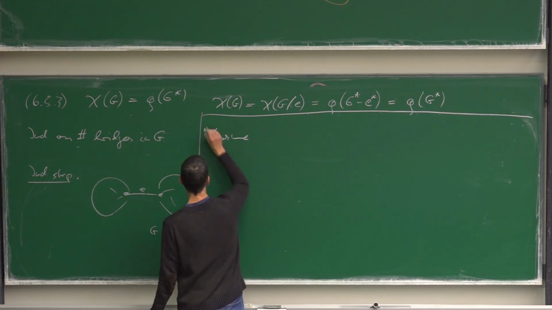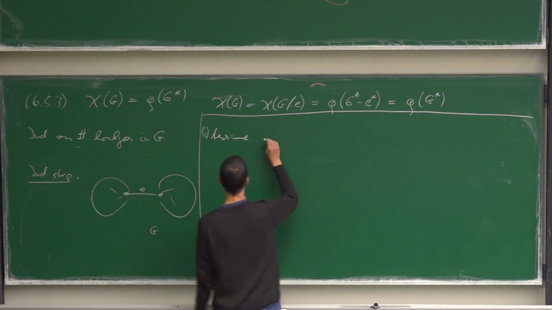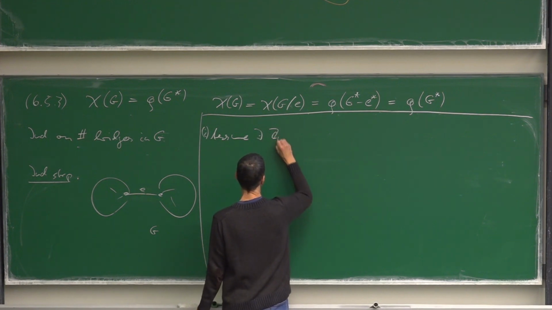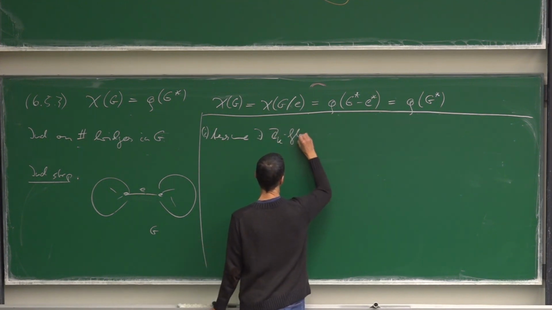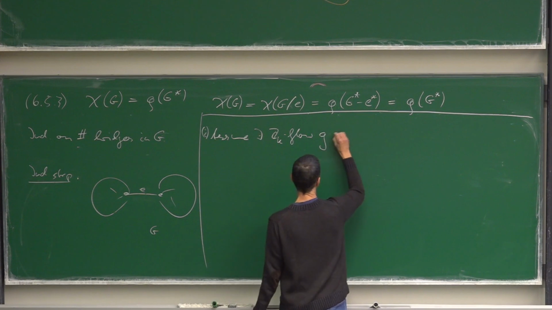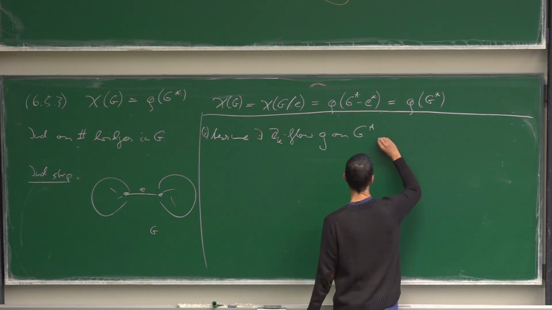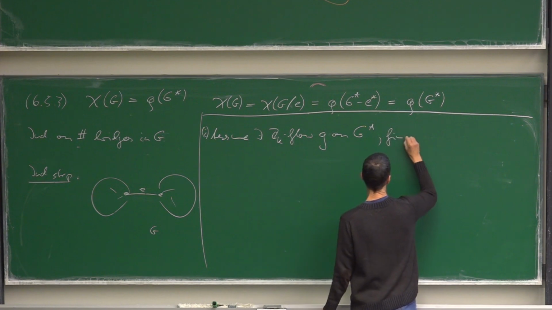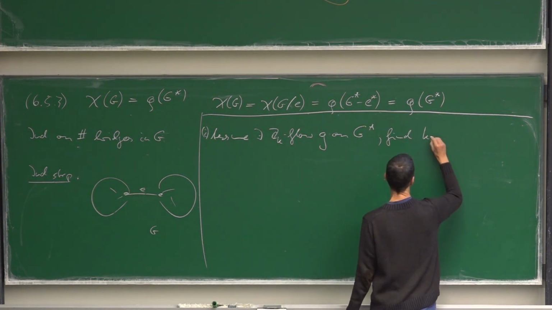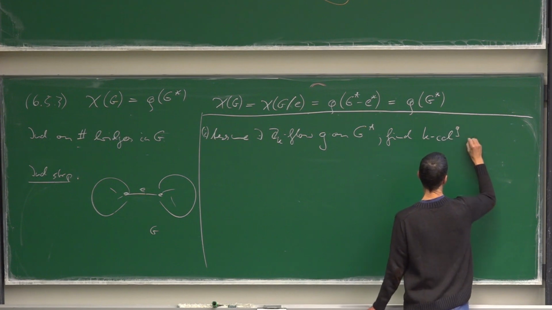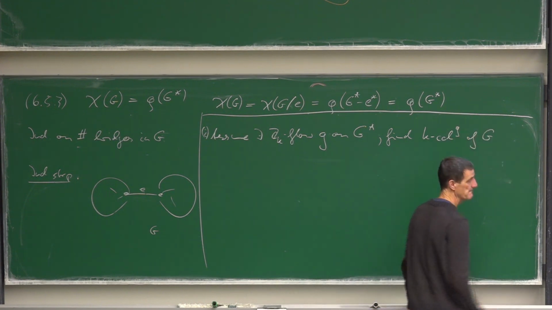So part one is: assume there's a ZK flow on G star. Find a K coloring of G.